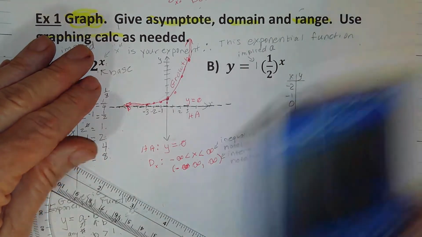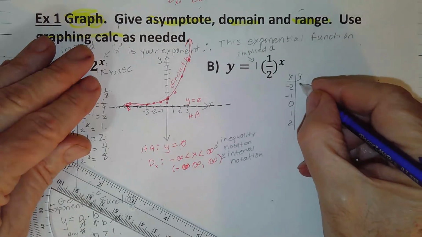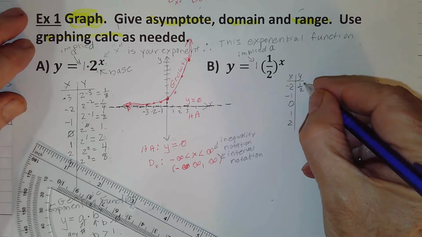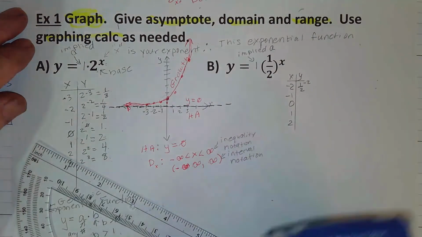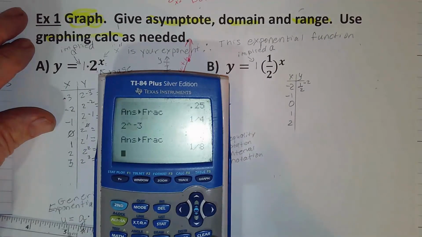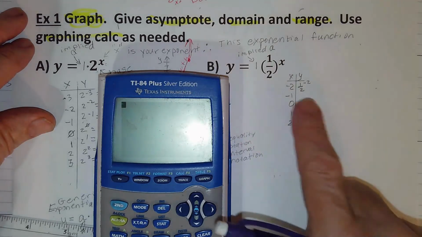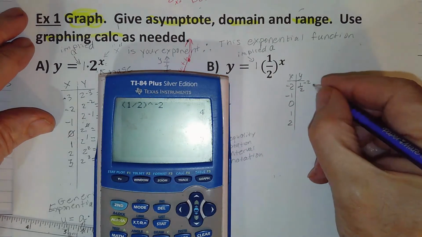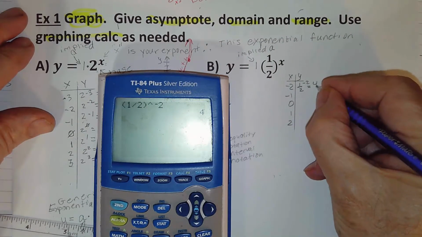So if x is -2 here, that means your output is going to be 1/2 to the -2. So 1/2 to the -2, use your calculator. So I'm going to put the 1/2 in parentheses like they did here. So parentheses, 1 divided by 2, close the parentheses, then the caret, and then -2. And you'll see I get 4. Okay, equals 4. Interesting.